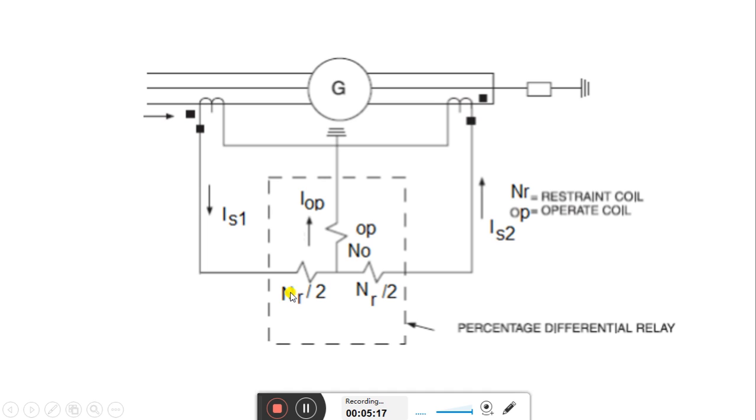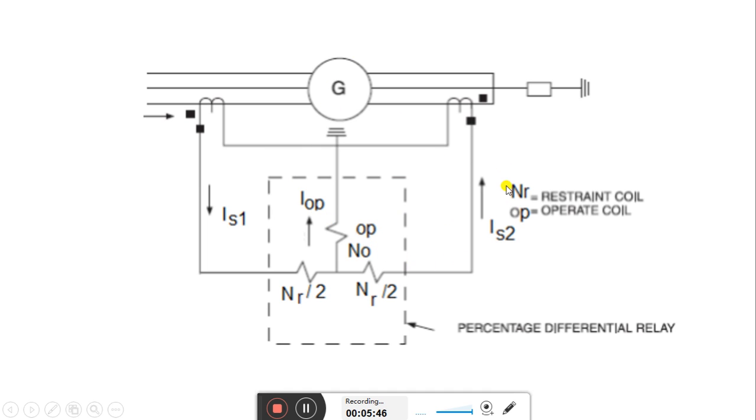Both the currents IS1 and IS2 flow through NR by 2 and NR by 2, that is, the restraining coil. In coming slides we will see the various equations, and how the operating coil torque and the restraining coil torque depend. So this was the overall structure of the percentage differential relay.